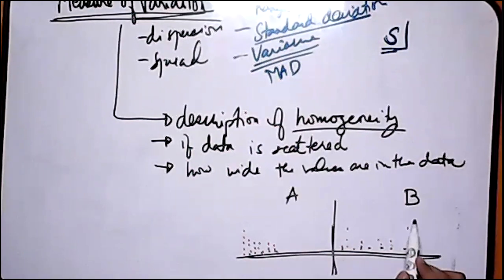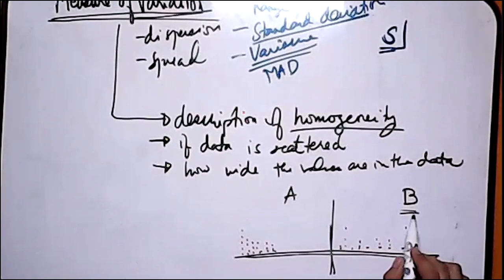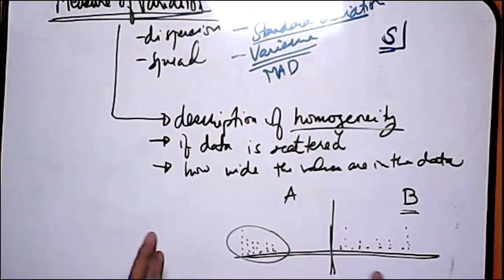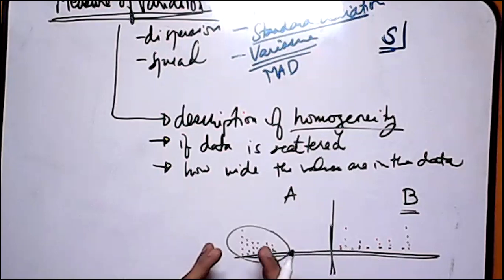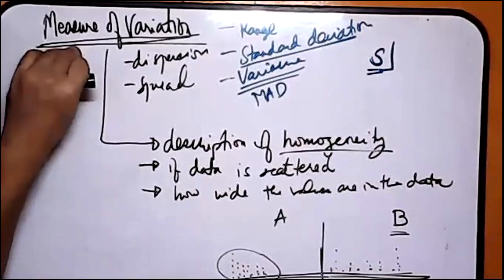Is it A or is it B? B. Yes, that's correct. It's letter B. In other words, B is scattered and therefore A is more homogeneous than B, because look at this, they are close to each other, while B is so widespread from each other. So that is what is being described by the measures of variation.